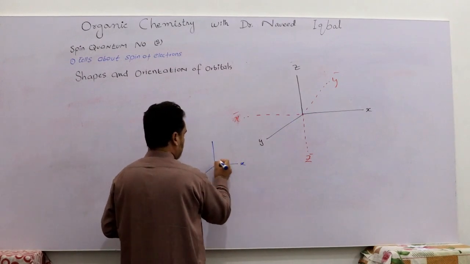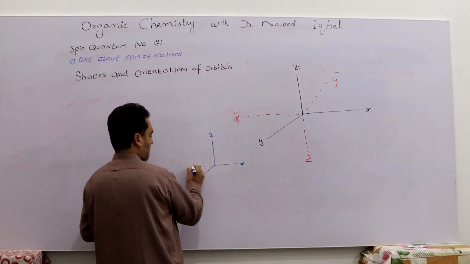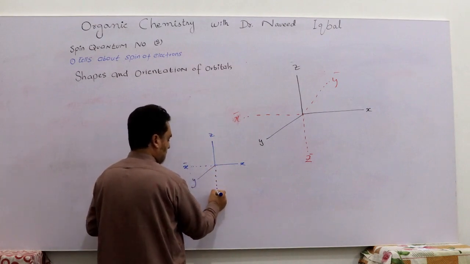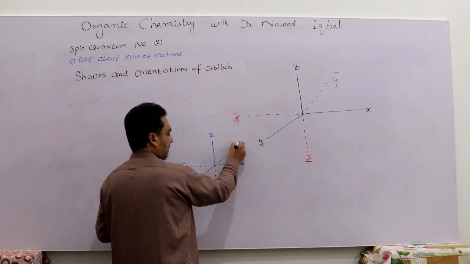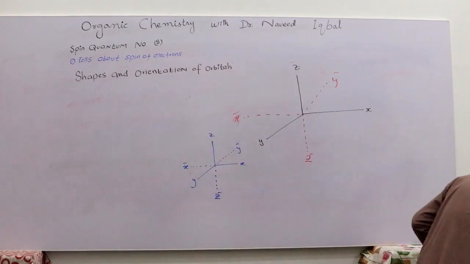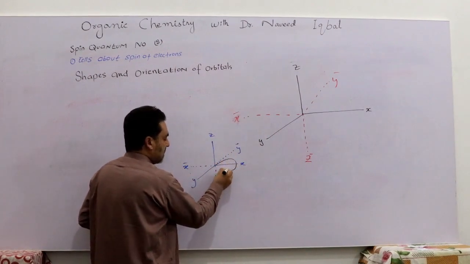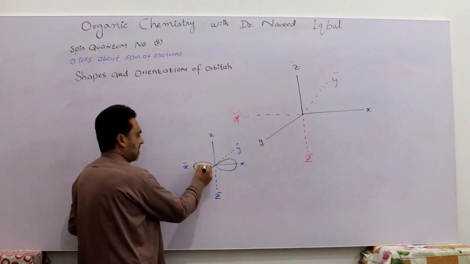This is x, this is y, this is z, this is x prime, this is z prime, and this is y prime. So it is just present on this axis.